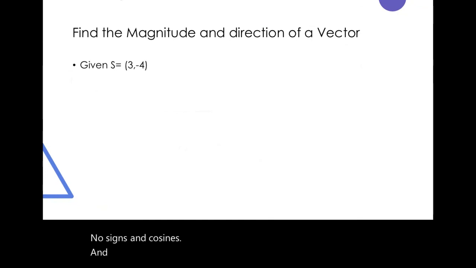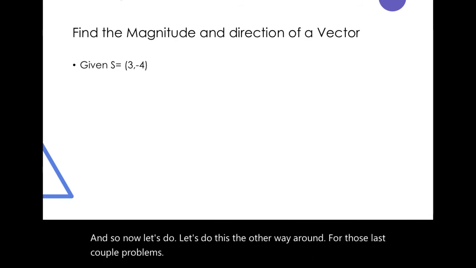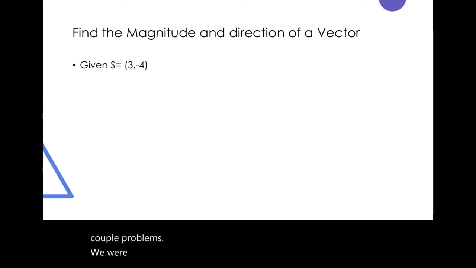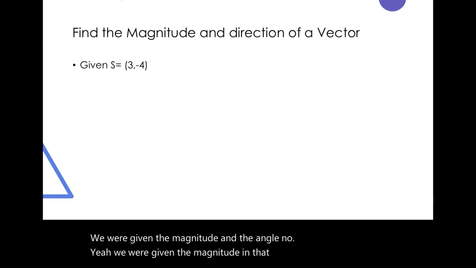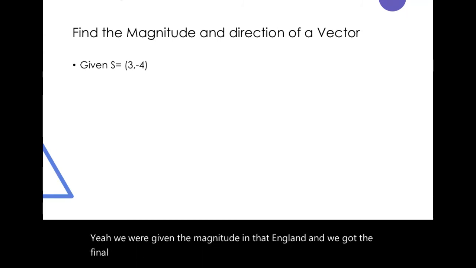And so now let's do this the other way around. For those last couple problems, we were given the magnitude and the angle, and we have to find the components. And so now we're going to do this the other way around.